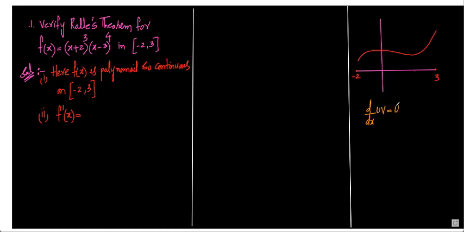The formula is u d/dx of v, which means we keep the first function as it is and differentiate the second function, plus the second function as it is and differentiate the first function. We apply this formula, assuming this is u and this is v.